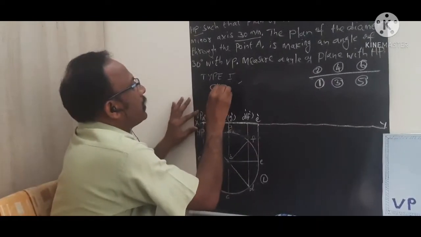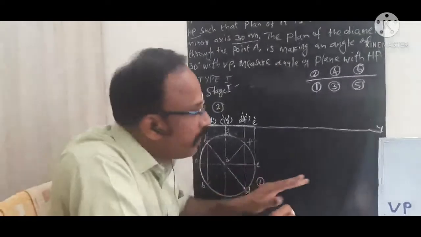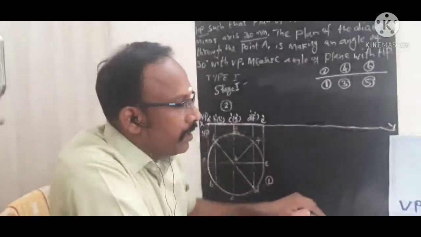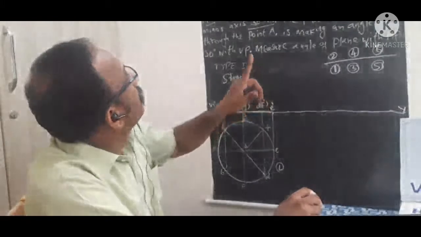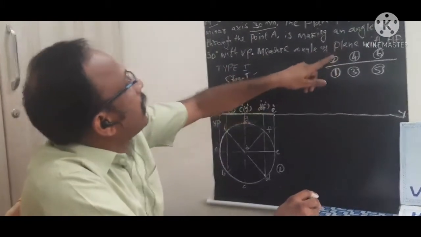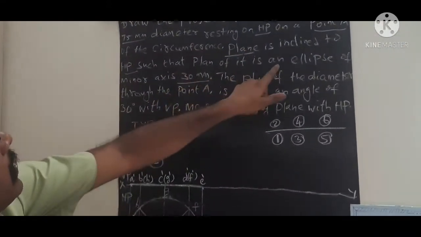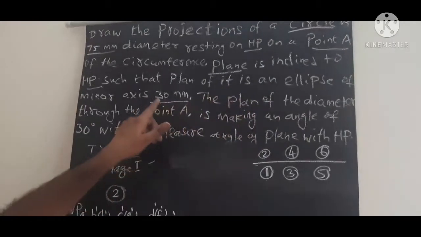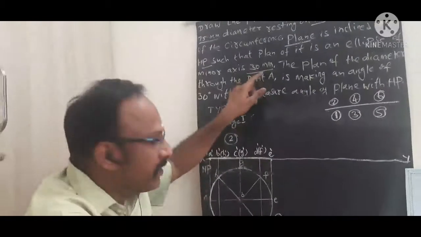Now we are going to draw step number 3, because we can draw step numbers 3 and 4. Here you can read the problem. The angle is not given, but the minor axis is given as 30 mm.